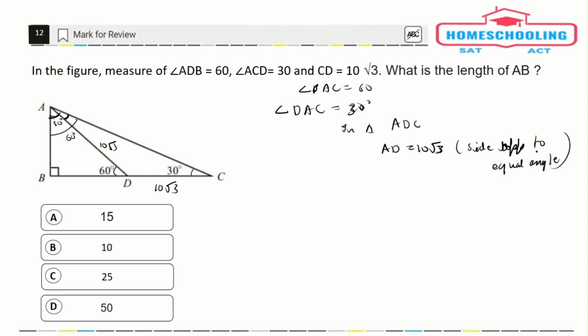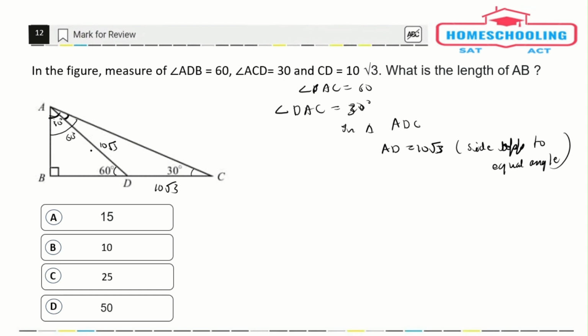This is the property of triangles. If both the angles are similar, then their opposite sides would also be similar. So if this is 30, this is 30, their opposite side is already given 10 root 3. Similarly, AD would be 10 root 3.